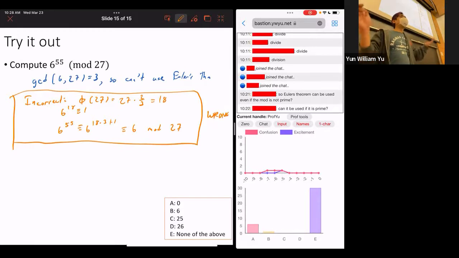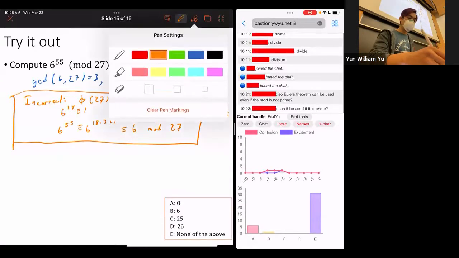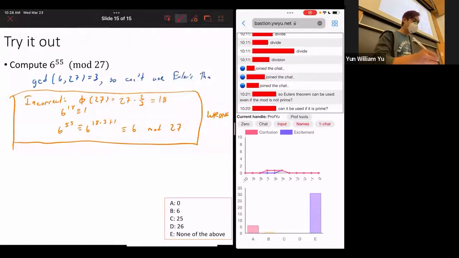But of course, we have a lot of different ways of computing powers. We have the ways using Fermat's little theorem, we have using Euler's theorem, but we also always can fall back on just computing it directly, because we learned how to do that. So if you tried computing it directly, you'd get 6 to the 1 is congruent to 6. 6 squared is congruent to 36, which is congruent to 9. 6 to the 4th will then be congruent to 81, which is congruent to 0.